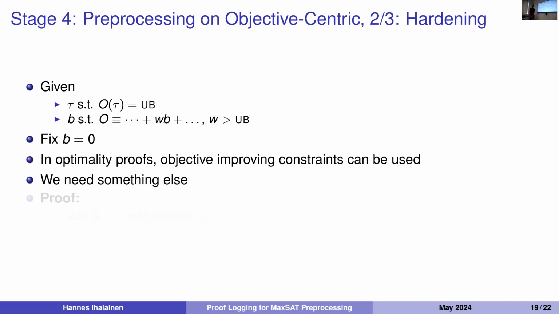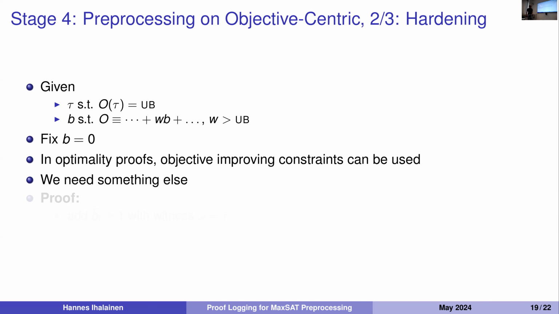And if we were a proof-producing MaxSAT solver, we could use objective-improving constraints here. So when we find the solution, we introduce a constraint that the value of the objective is less than or equal to UB minus 1. But we can't do this here, so we need to do something else.